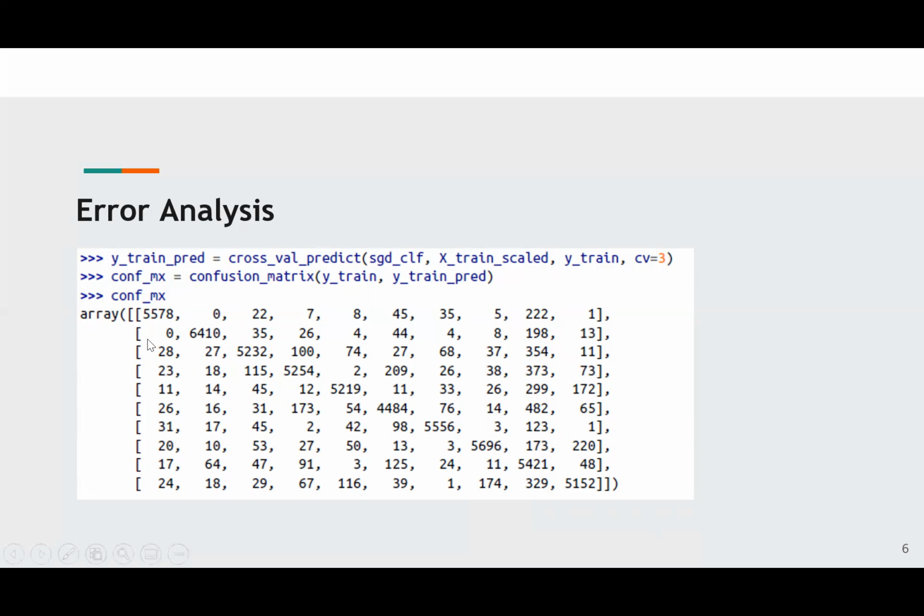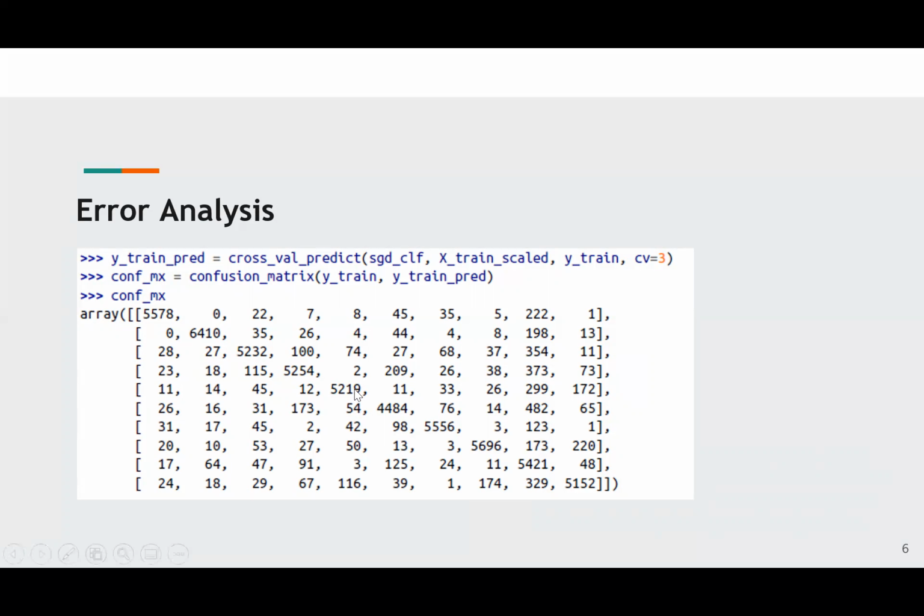For the diagonals, it has a fairly large number. Essentially it says a lot of the zeros are correctly predicted to be 0, a lot of the ones are correctly predicted to be ones, so on and so forth. That's good news, right? So you would want to look at this.